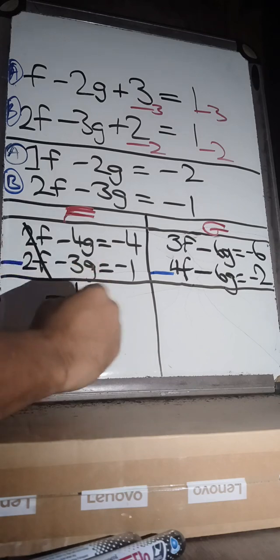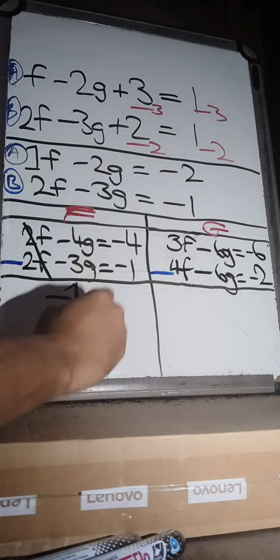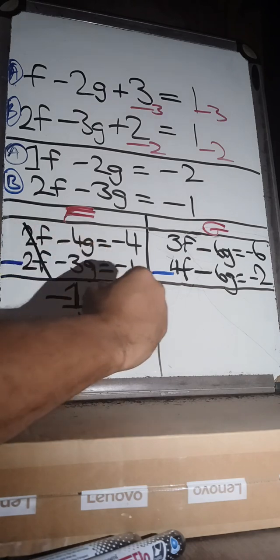Minus 4 minus minus 3 is minus 4 plus 3, resulting in minus 1, so minus 1g. Now similarly, minus 4 minus 1 is minus 4 plus 1, and minus 4 plus 1 is minus 3.